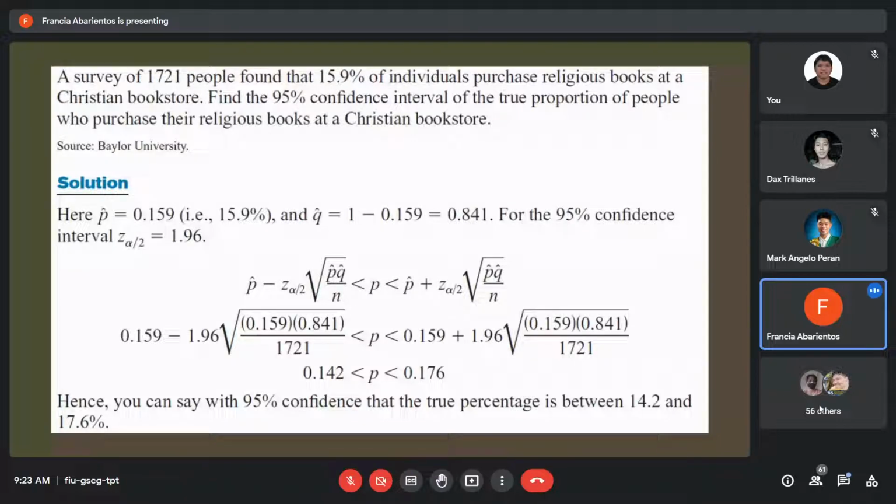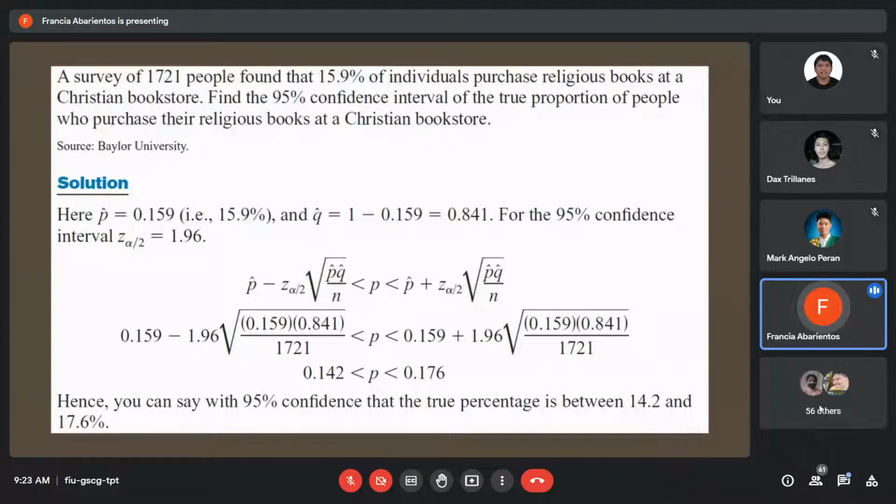Okay. Another example for a given population, we have a survey of 1721 people found that 15.9% individuals purchase religious books at Christian bookstore. So we need to find the 95% confidence interval of the true proportion. Take note. True proportion of the people who purchase their religious books at Christian bookstore.